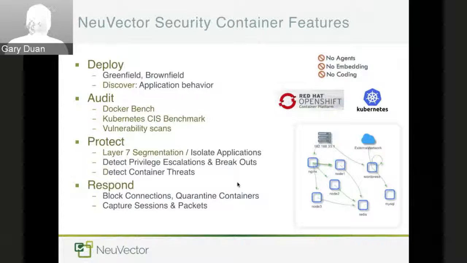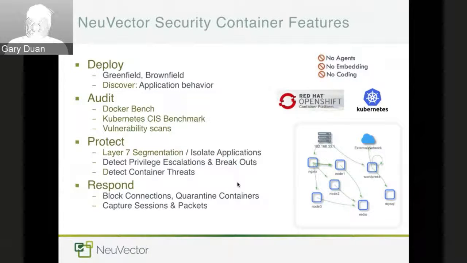So for protection and enforcement, we support L7 segmentation. So we can recognize those network connections between the containers, also between containers and the external legacy services, so we can isolate them at the application level.